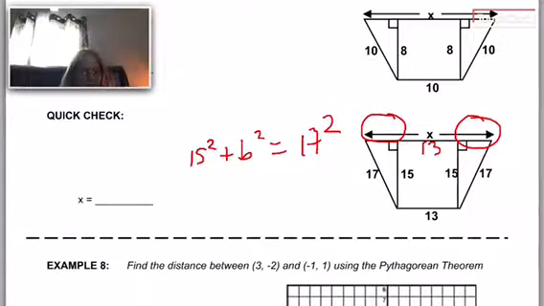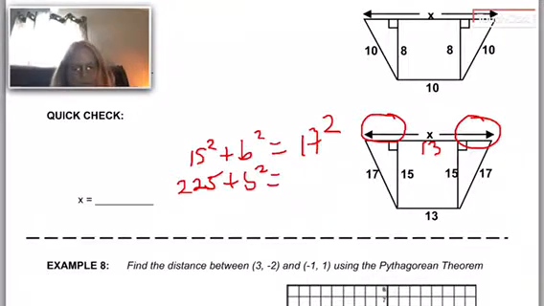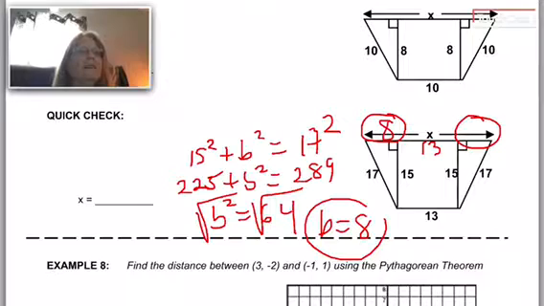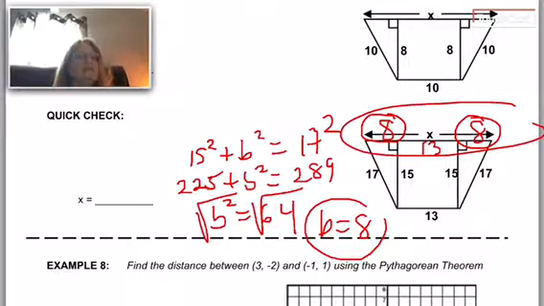So 15 squared is 225 plus b squared is equal to 289. And if we subtract 225, we get b squared is equal to 64. And so b is equal to the square root of 64, which is 8. And so x is 16 plus 13, or 29.